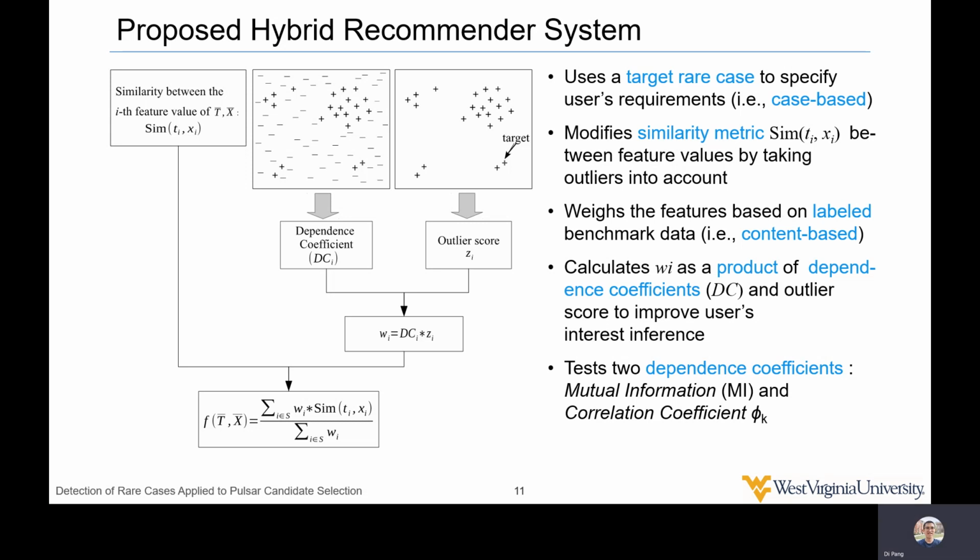Specifically, we calculate the feature weight as the product of the dependence coefficient and the outlier score to improve users' interest inference. We have tested two different dependence coefficients, mutual information and the phi k correlation coefficient. Phi k is different from the Pearson's correlation coefficient in that it can also detect the nonlinear correlation between variables.